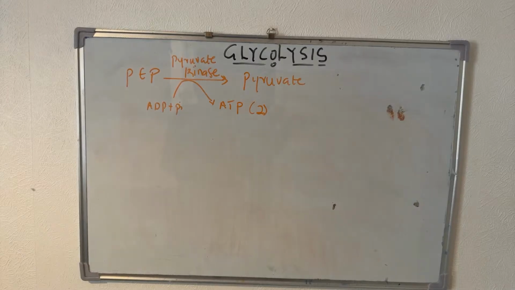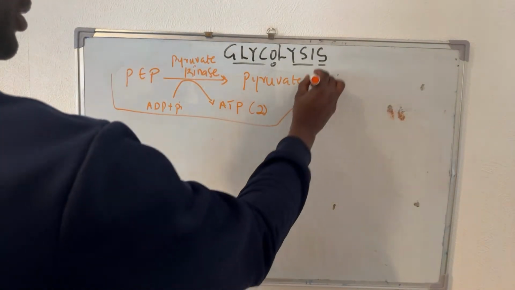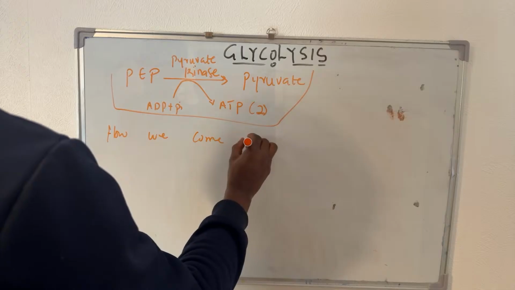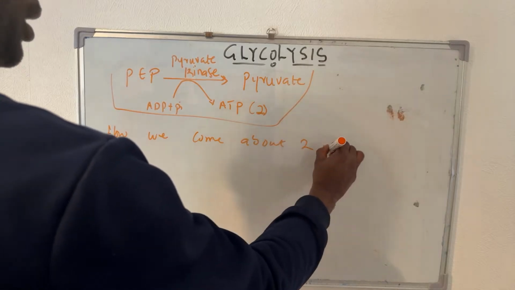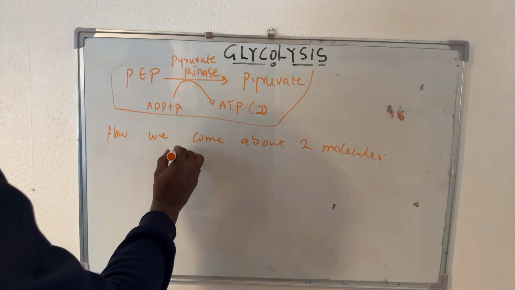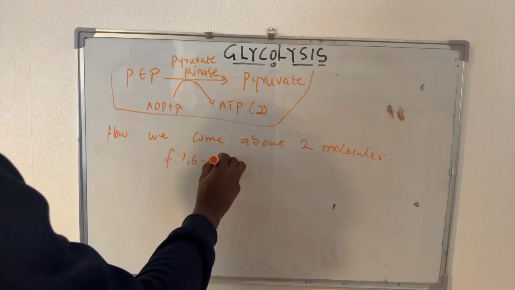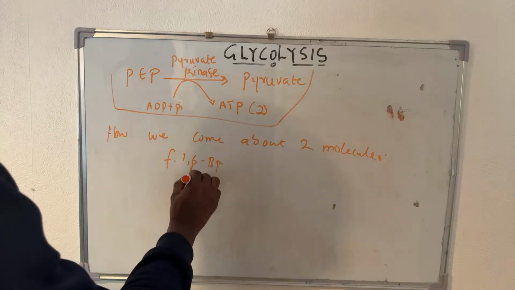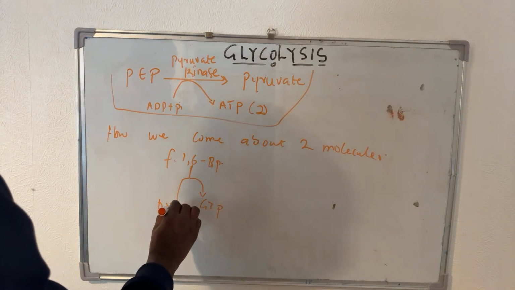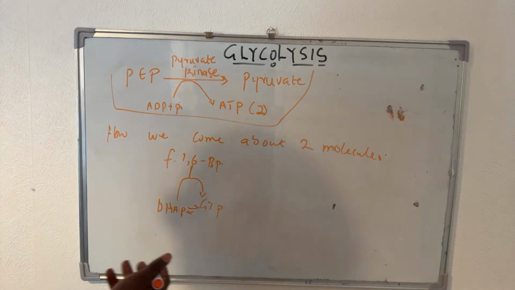So how we come about 2 molecules is from the cleaving of fructose 1,6-bisphosphate, which is cleaved into 2, G3P and DHAP, which can isomerize.